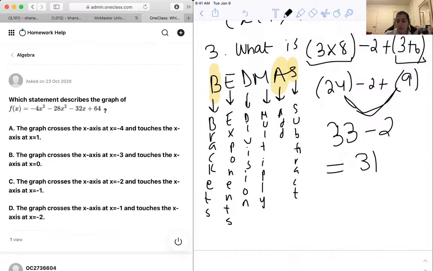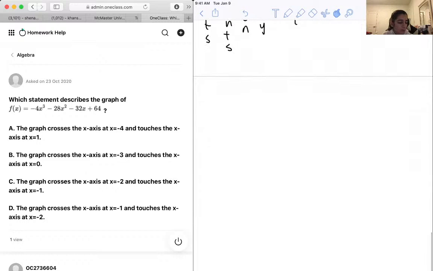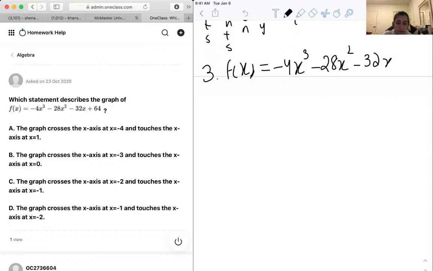Which statement describes the graph of this? So what we can do, I'll just write that down. Then I'll pull up Desmos so we can graph it. f of x is equal to negative 4x cubed minus 28x squared minus 32x plus 64.